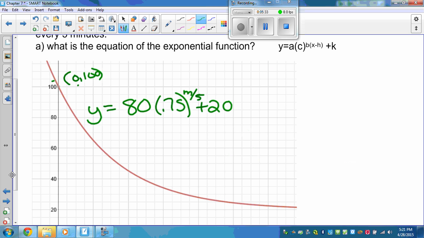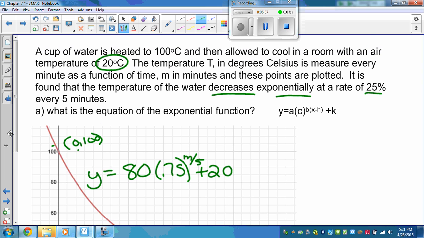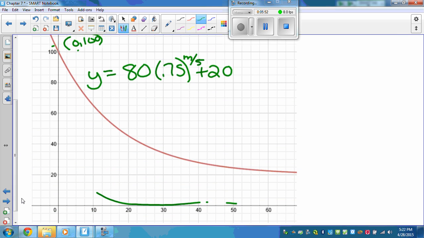Up here, it says it is measured every minute as a function of time. It decreases exponentially every 5 minutes. So every 5 minutes is why we had to take the time and divide it by 5.